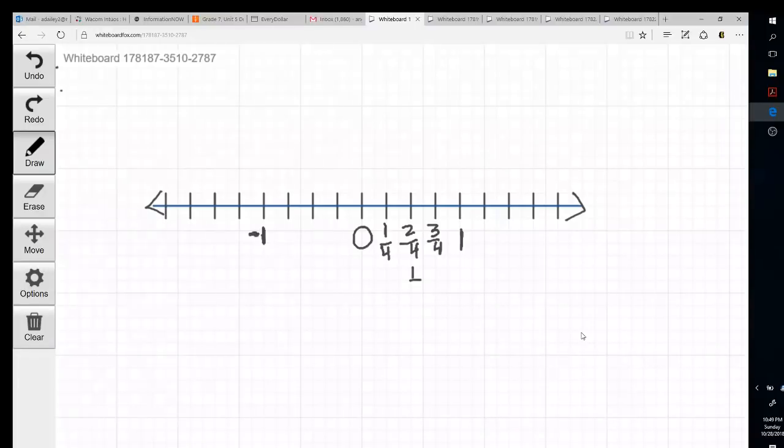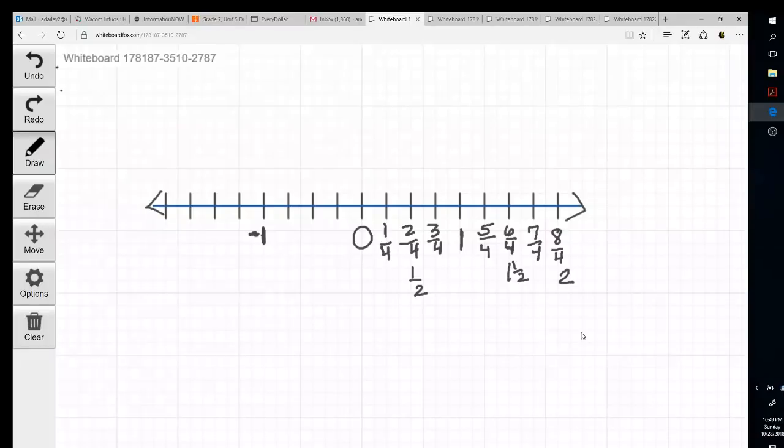And we can go back and call this 1/2 if that makes you happy. How many fourths would be to the right of 1? Just keep counting. 5/4, 6/4, which is the same as 1 and 1/2. You can write it that way if you want to. 7/4, 8/4, which is 2.